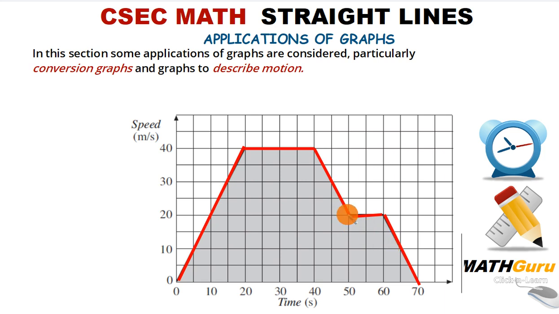And then here, 50 to 60, constant deceleration there. So those are examples of the applications of graphs to everyday situations. Distance time graphs, acceleration, conversion of one currency into another.